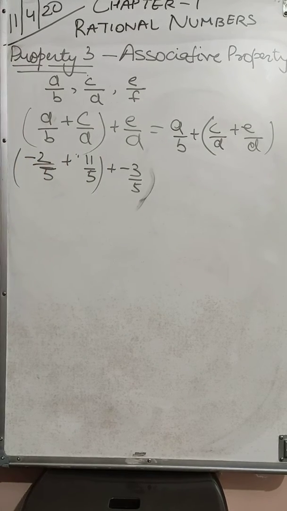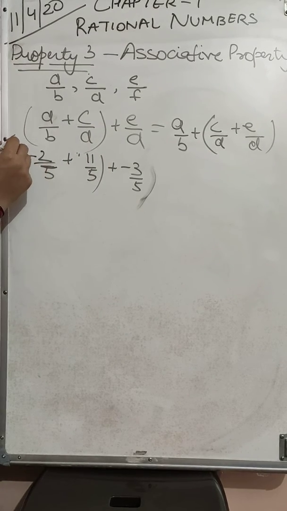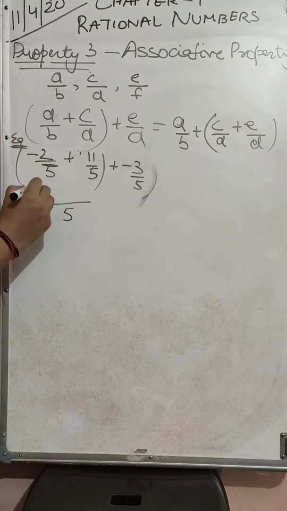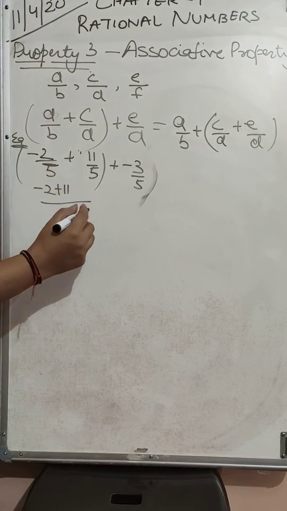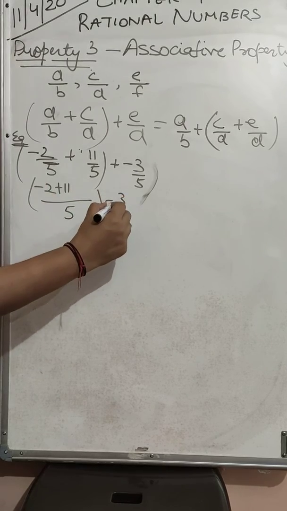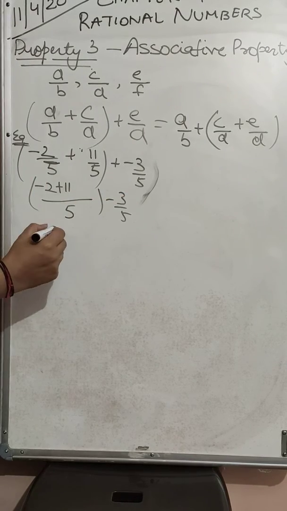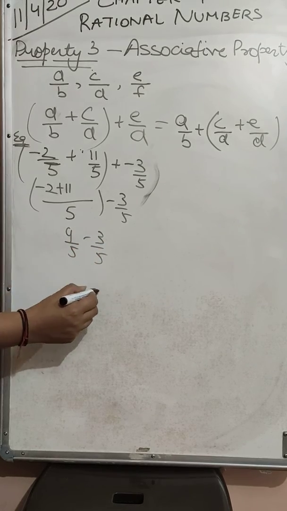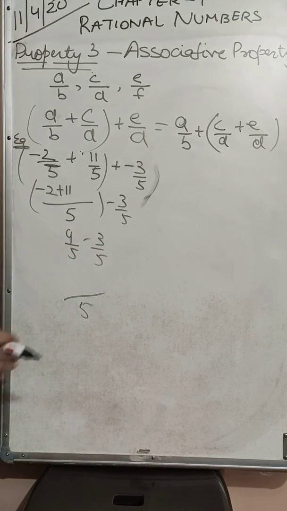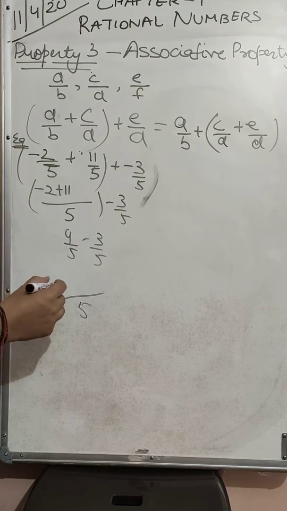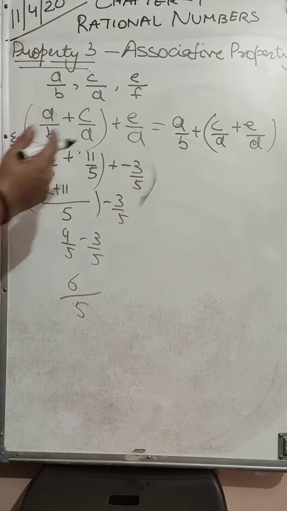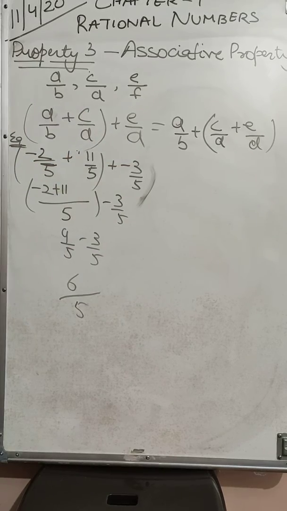Solve it. How are we going to solve? LCM is 5. Minus 2 plus 11 minus 3 upon 5. What is the answer? 9 upon 5 minus 3 upon 5. LCM is 5, right? 9 minus 3 is 6. 6 upon 5 is the answer.